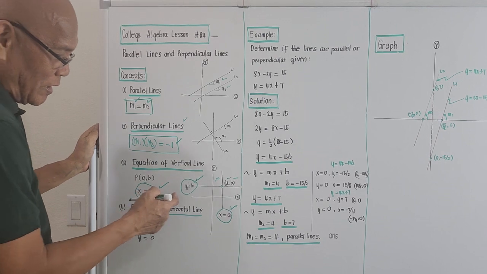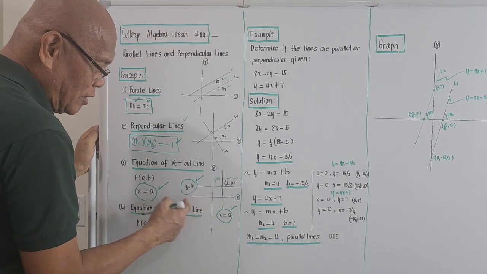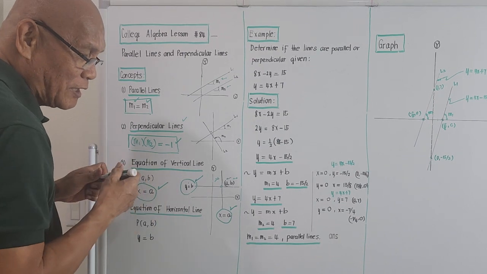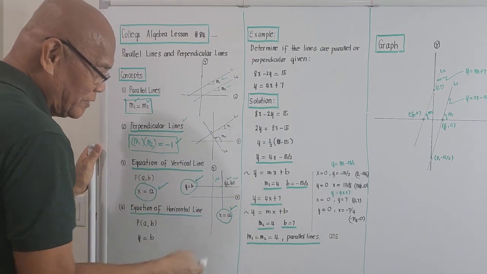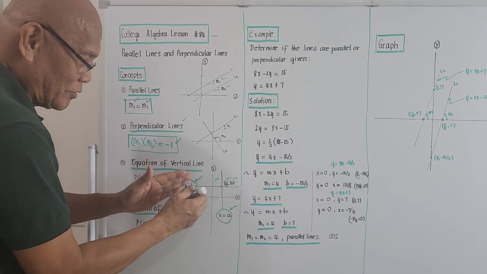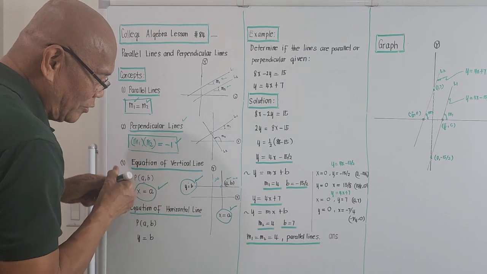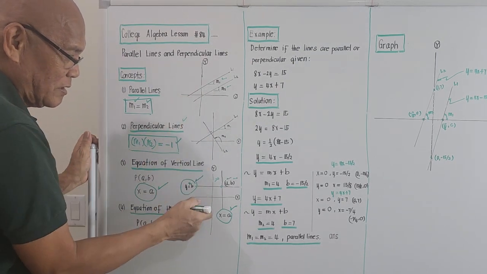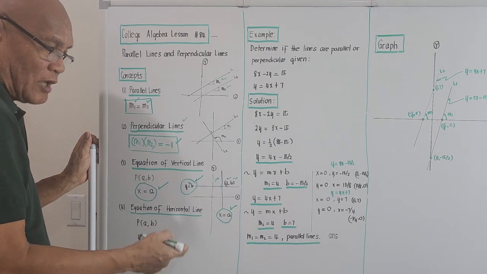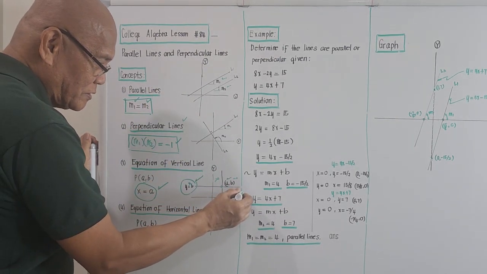So for a horizontal line, y is equal to b, vertical line, x is equal to a. Horizontal line, we are plotting an ordinate, right? Ordinate, it's either up or down, right? But for the given illustration, it's in the first quadrant, so this will be an up. No, this is a plus b. It is at the top portion of the x-axis.